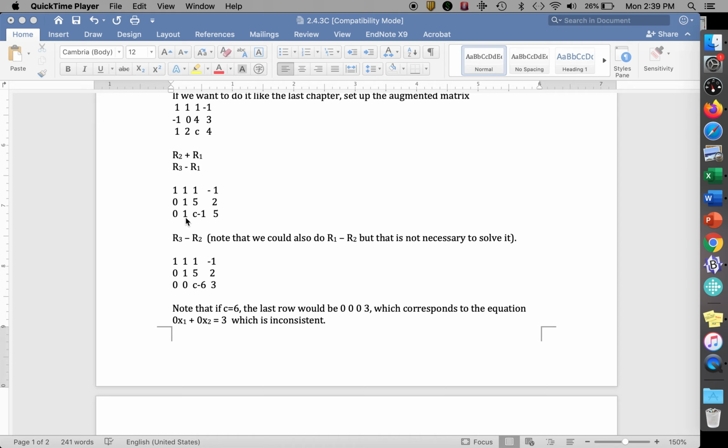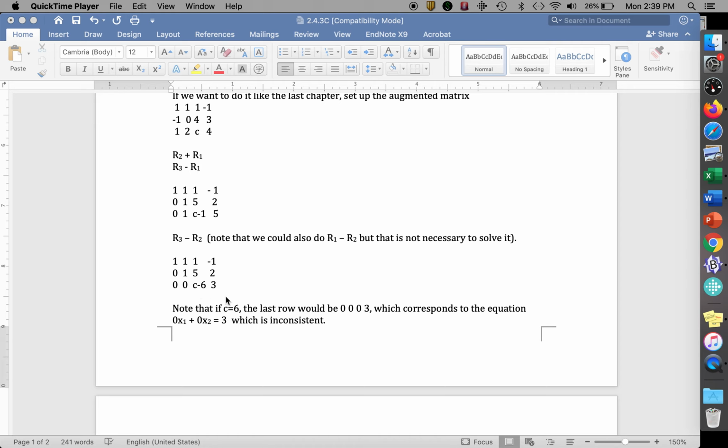I am going to do row 3 minus row 2, because that's going to give me a 0 in the 3, 2 position, the third row, second column. So if I do row 3 minus row 2, that gives me a 0 in the correct location. So my third row becomes 0, 0, c minus 6, 3.